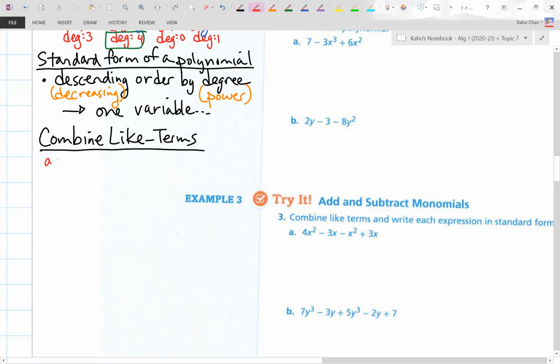You want to do this when it comes to adding and subtracting. And when you do this, you want to look for the terms with the same number of variables, the powers.